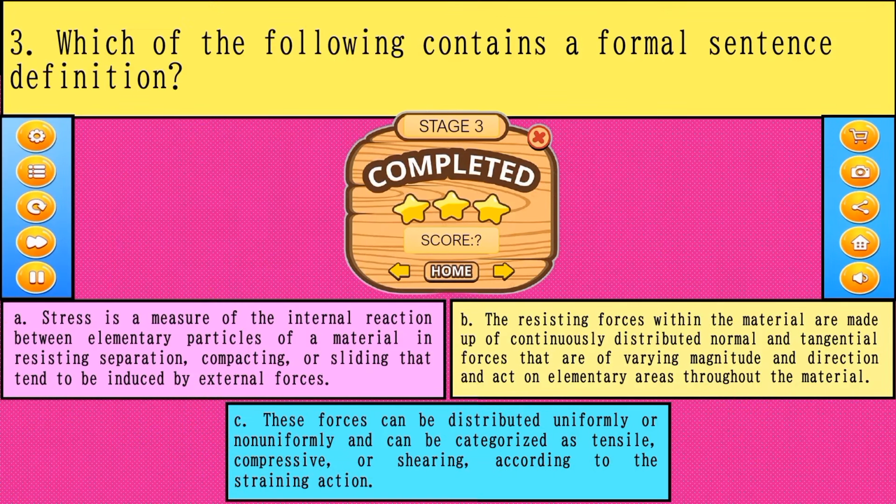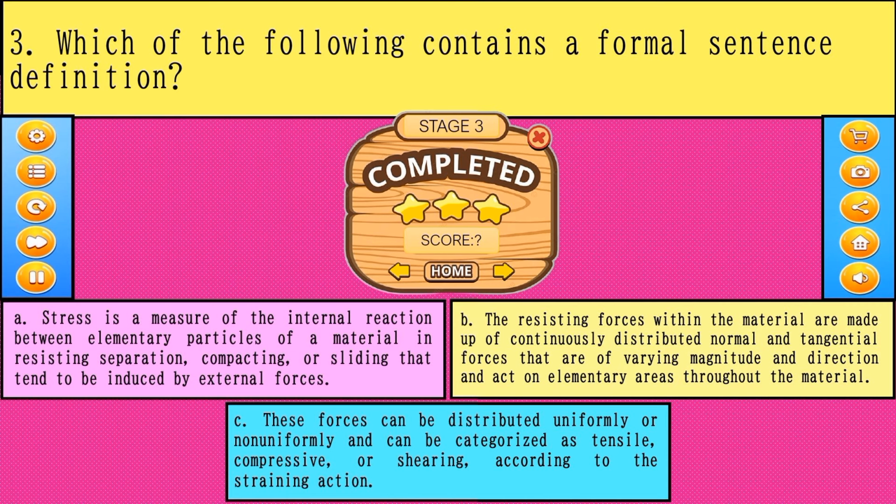Number 3. Which of the following contains a formal sentence definition? A. Stress is a measure of the internal reaction between elementary particles of a material in resisting separation, compacting, or sliding that tend to be induced by external forces.